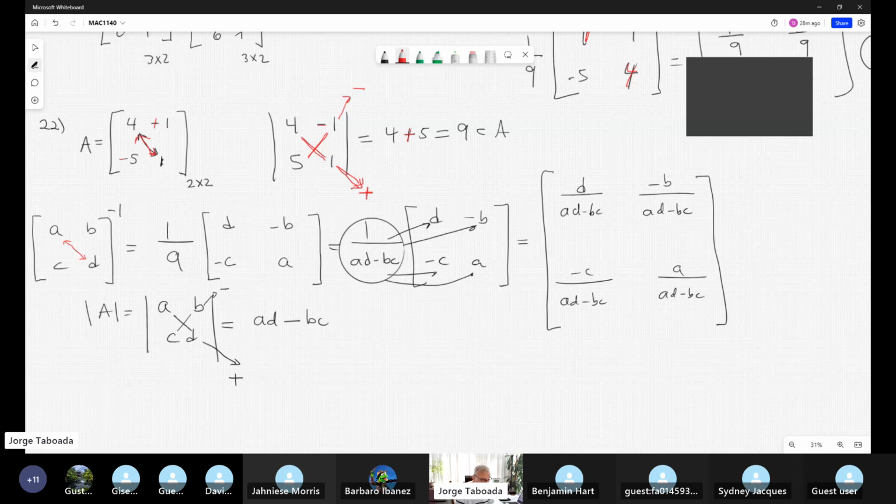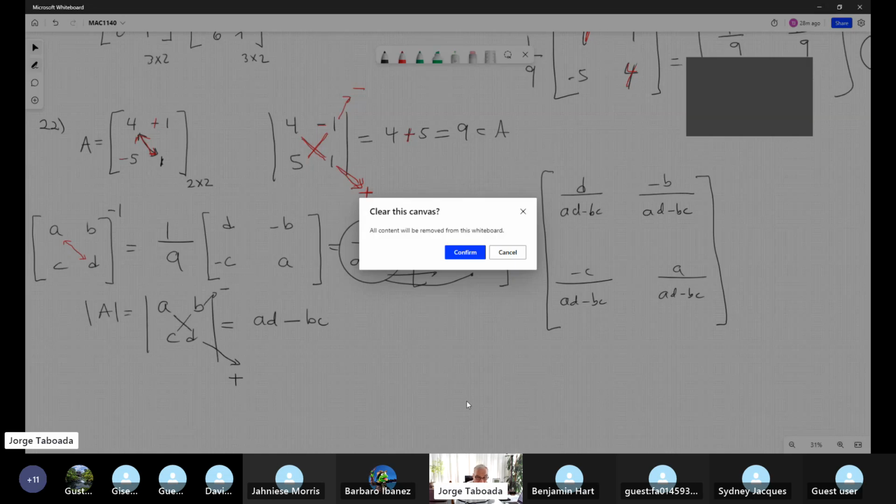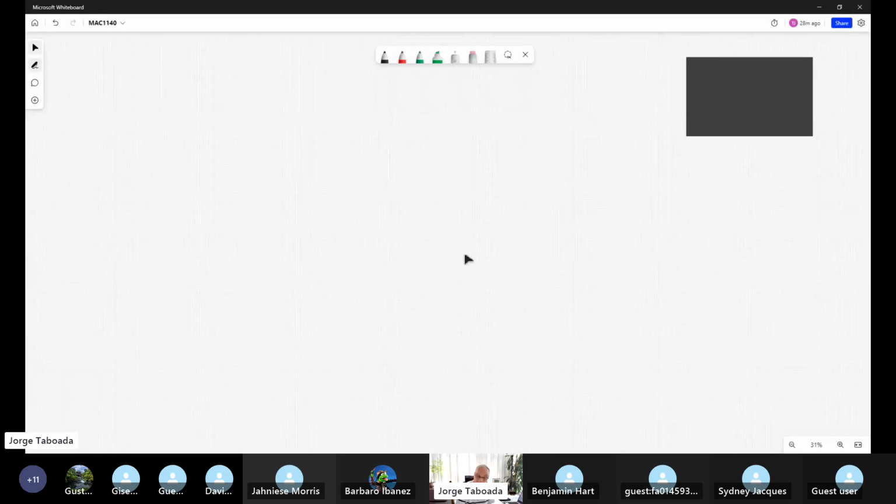Okay, so now 23, I suppose it's similar. 24, 25 is the same idea. The only difference is that the dimension changes. I suppose you can practice, because I want to spend the time that we have on the most complicated case. Not complicated, but the solution for the system using the inverse matrix. So you consider it not necessary to do 23, 24, and 25 because it's the same thing. It doesn't matter if it's 2x2 or 3x3.